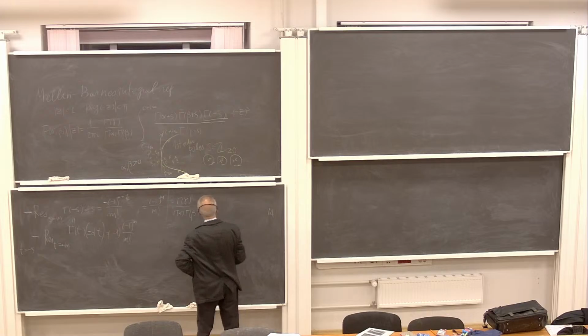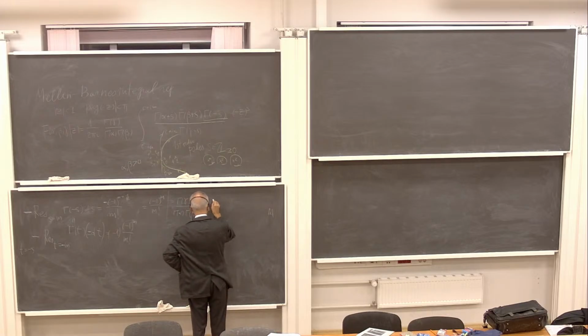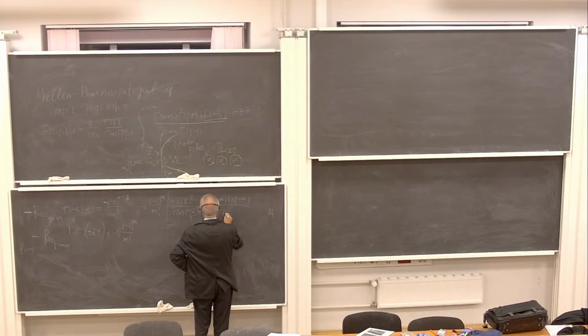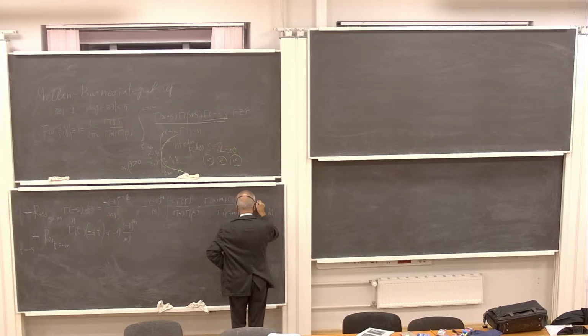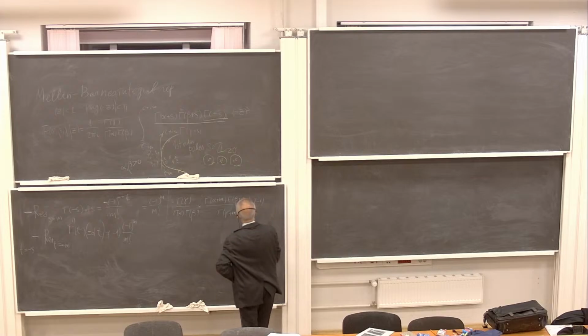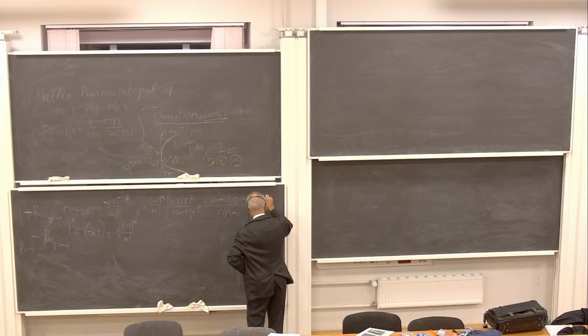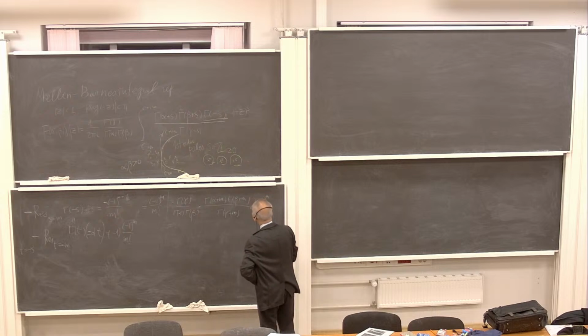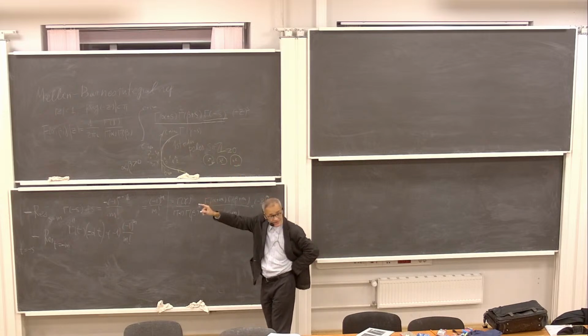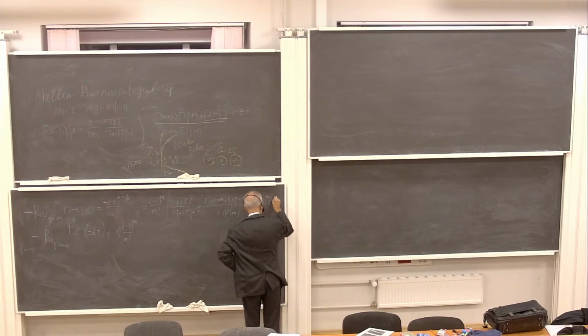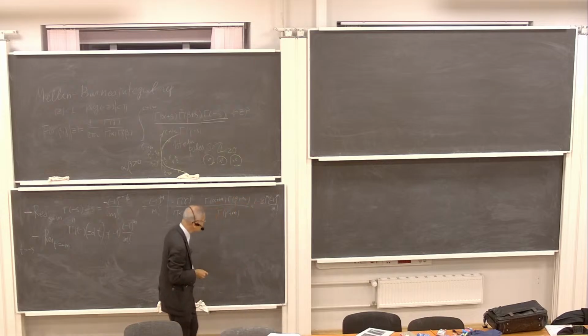So replace s by m, gamma plus m, and then finally minus z to the power m, and the residue is minus 1 to the power m over m factorial.